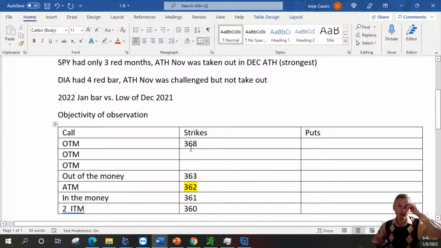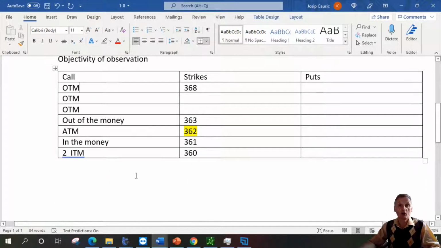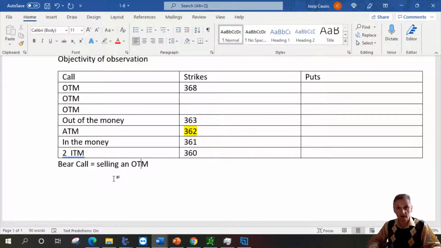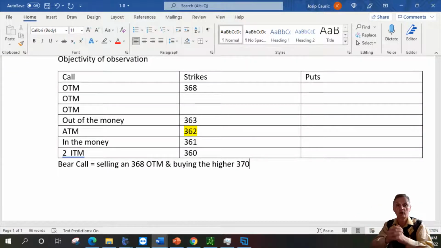So what I'm planning to do is called a bear call spread. A bear call spread involves selling an out of the money, and in our case, it's a 368 call, and simultaneously buying the higher one, and we can buy maybe the 370, right, to pay for the one that is at 368.